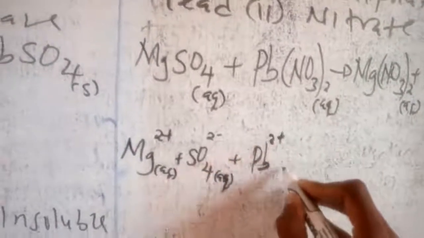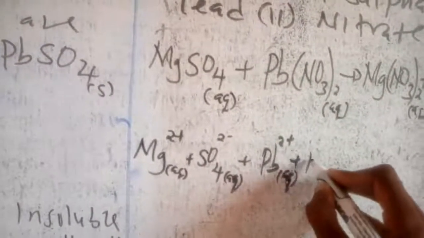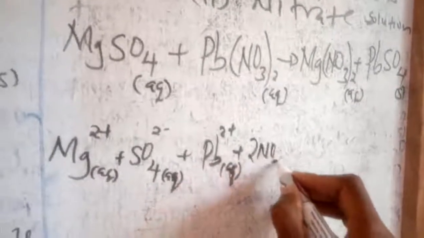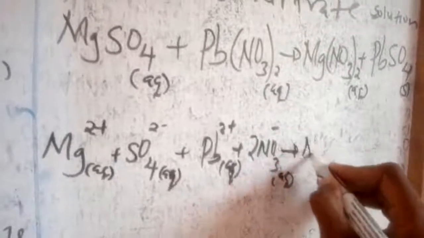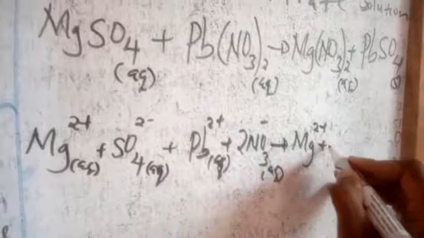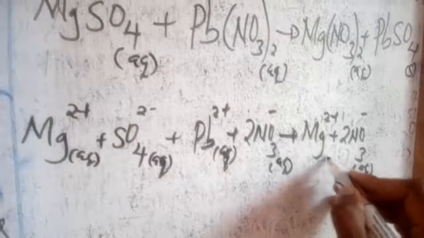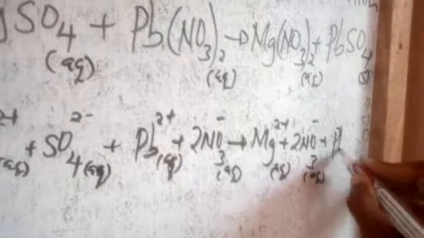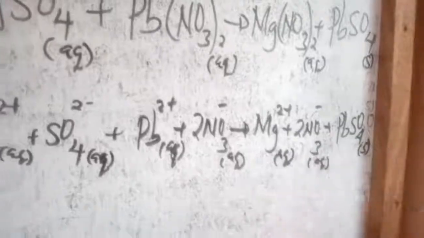Lead 2 positive, aqueous, plus 2 nitrate ions, aqueous. Then you will get magnesium 2 positive plus 2 nitrate ions, aqueous, and finally you write PbSO4, lead sulfate, and that is in solid state.